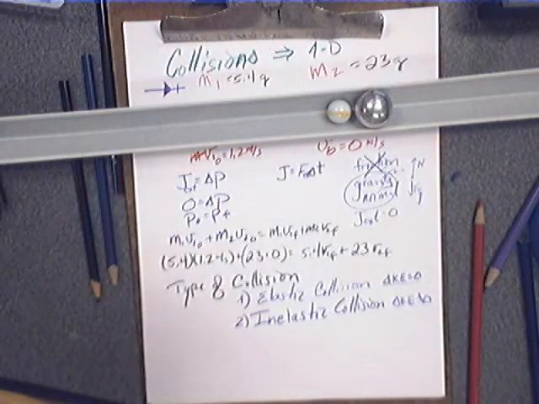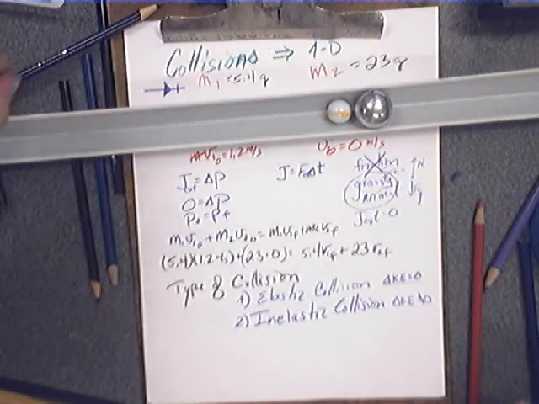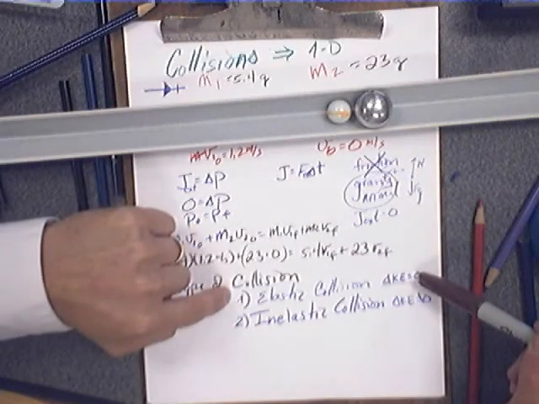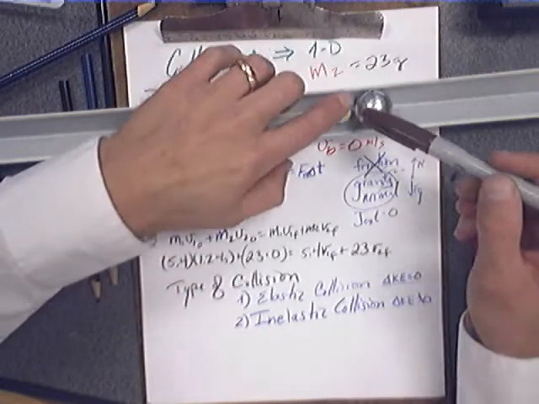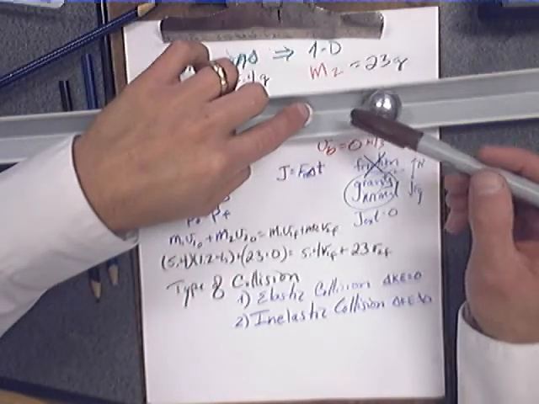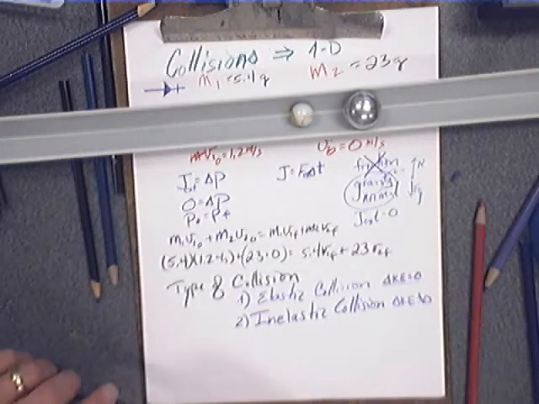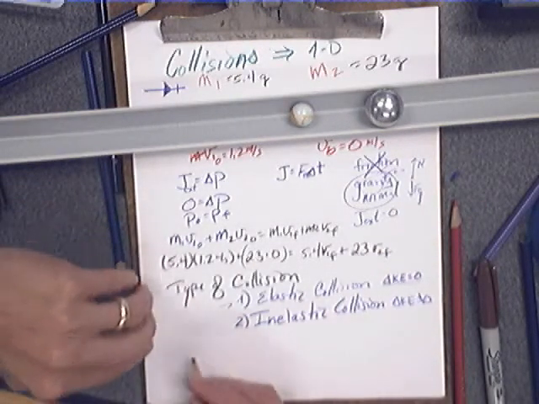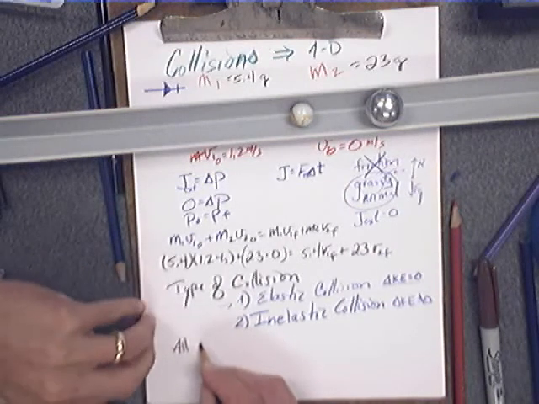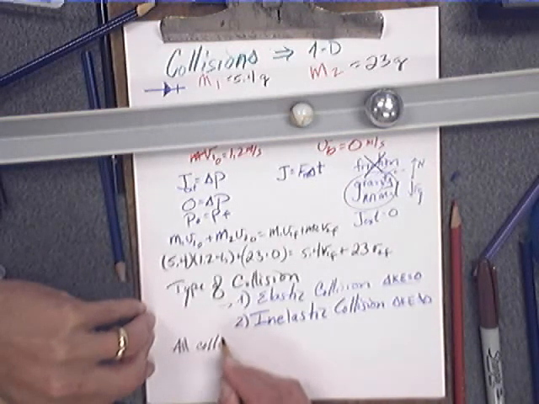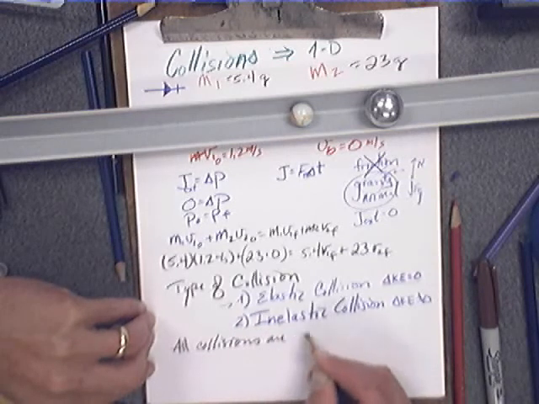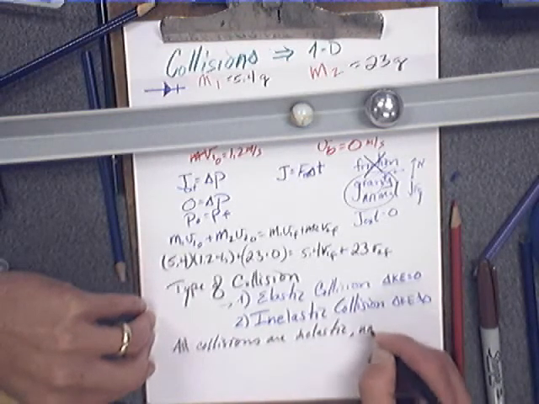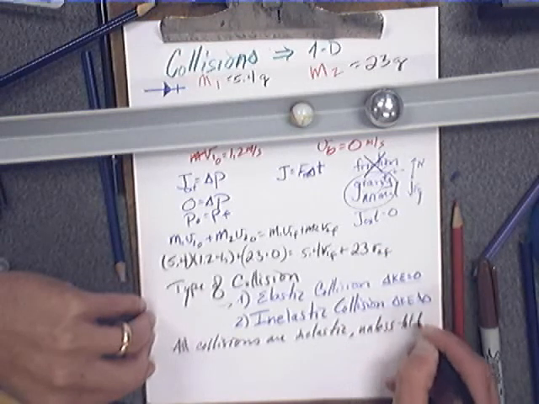So what kind of collision was this? The only time you really have elastic collisions is between atoms, but I can cheat it pretty well here, so it's close enough to an elastic collision. However, all collisions are inelastic unless told otherwise.